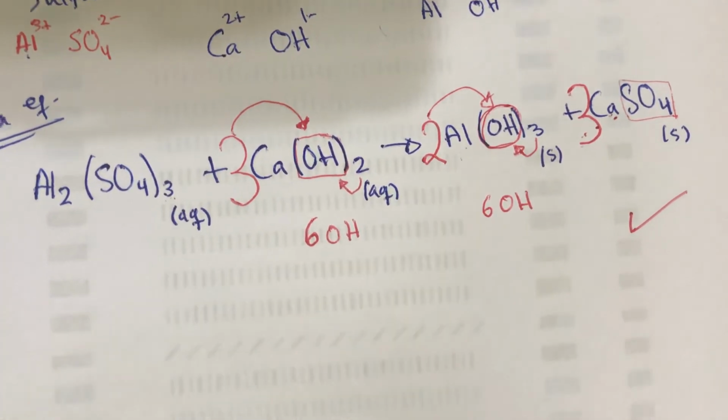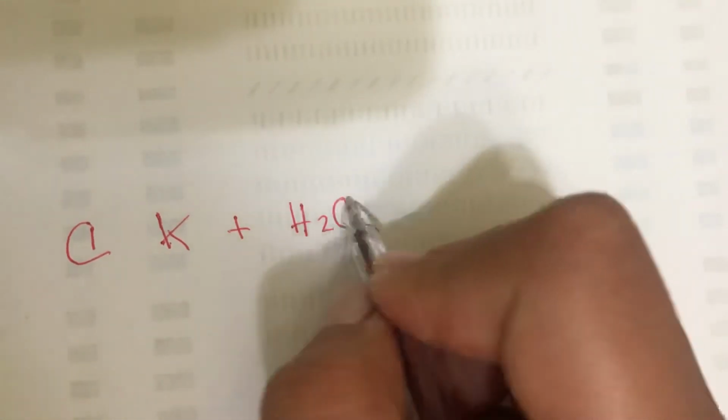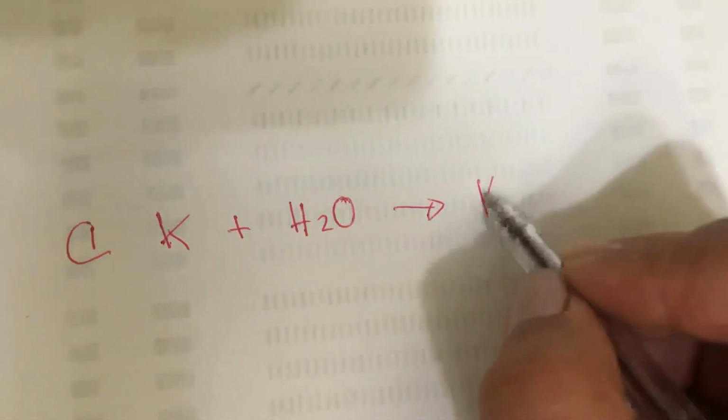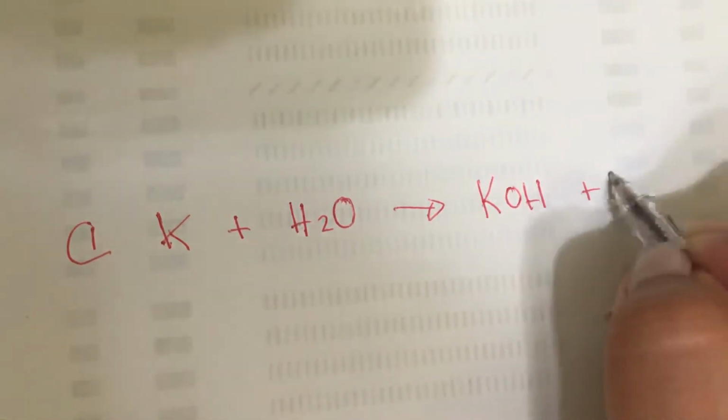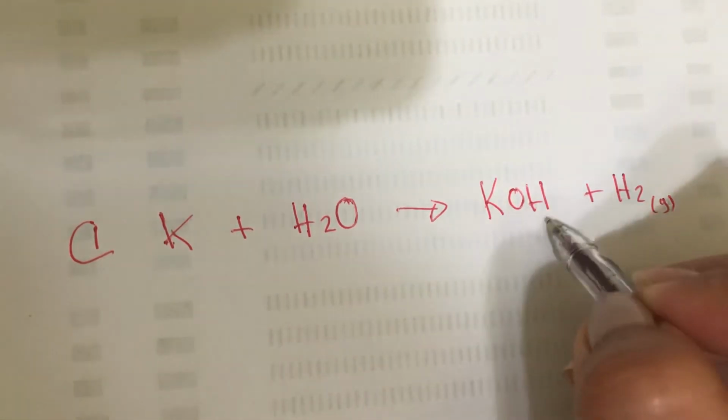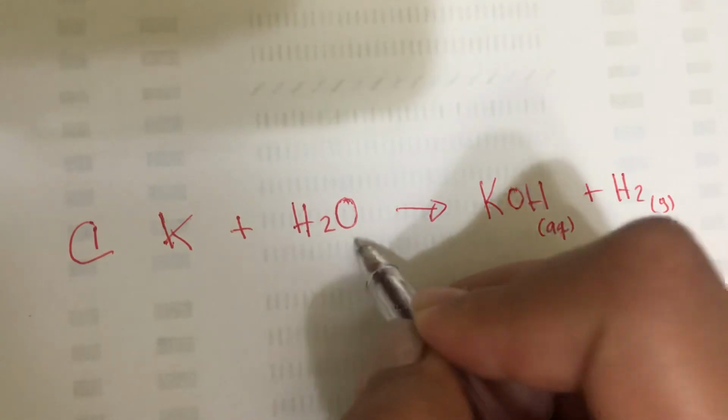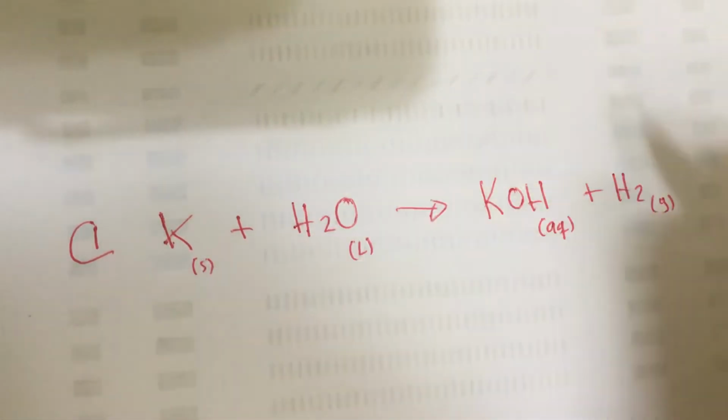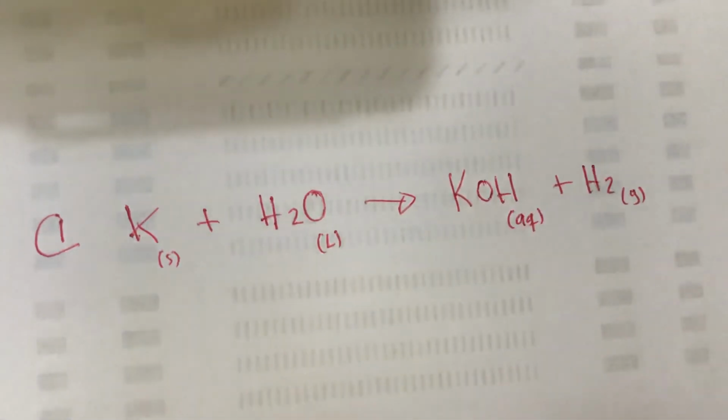Now the last questions about balancing the chemical equations. For example, potassium plus water to produce potassium hydroxide plus hydrogen gas. How to balance this equation?